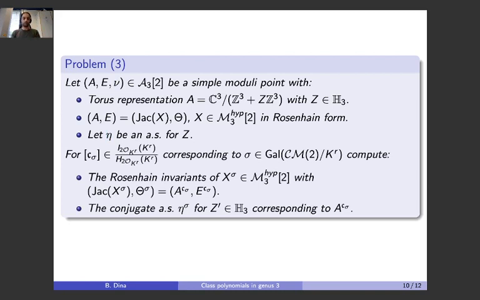Having now this set-up, the question is: taking an element in this quotient, compute the Rosenhain invariants of the conjugate curve as an element in this space with the level 2 structure, and the conjugate theta characteristic system for a period matrix corresponding to the conjugate abelian variety.